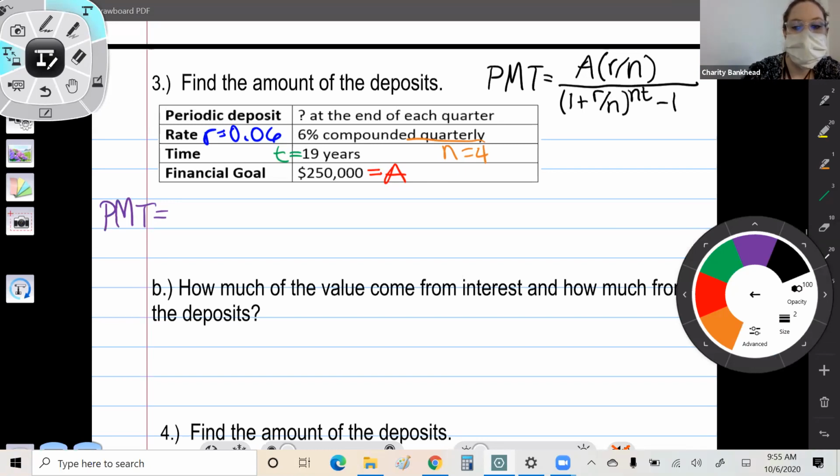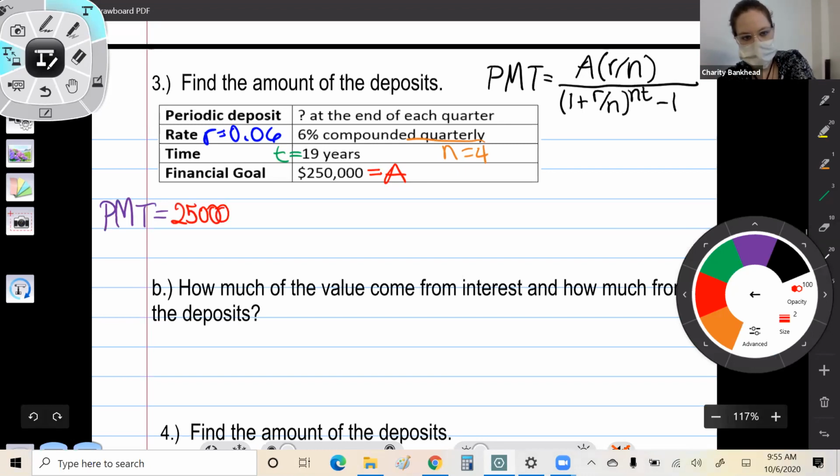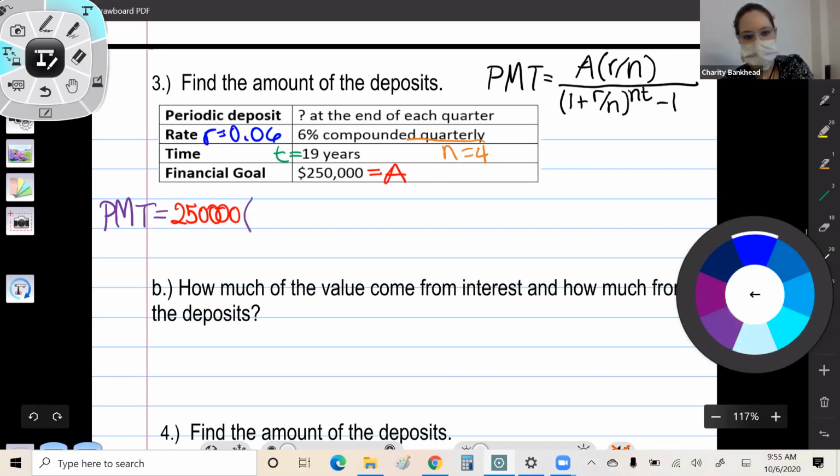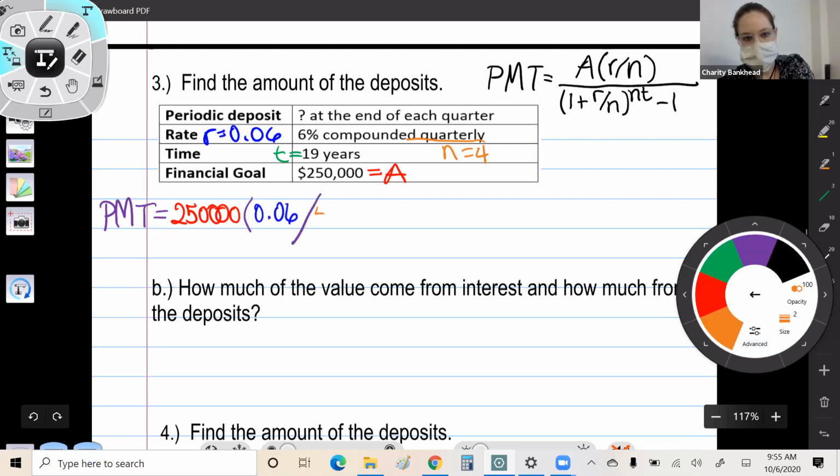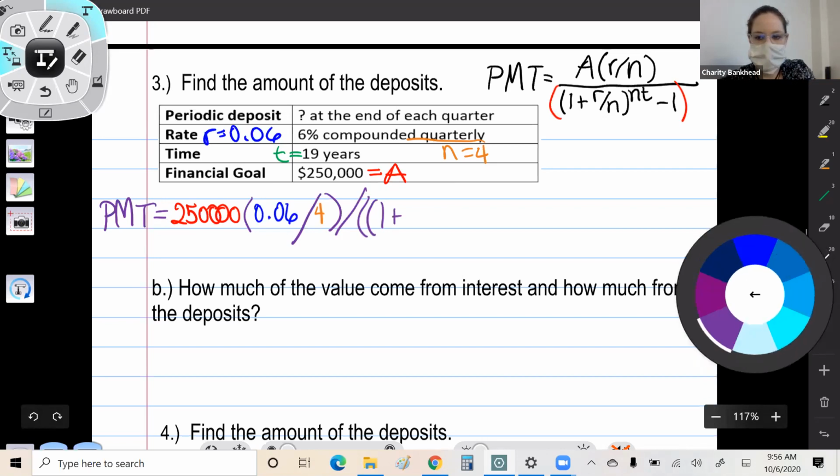All right. So payment equals 250,000 times R over N. So 0.06 over 4, close parentheses, divided by, okay, so we need a double parentheses here around the denominator, just like before. 1 plus 0.06 over 4.